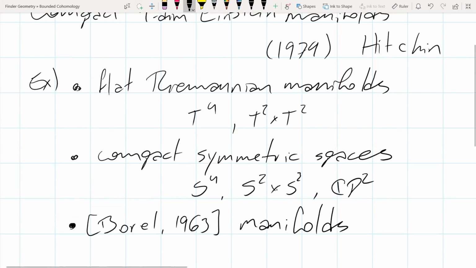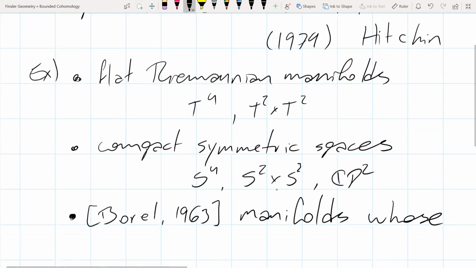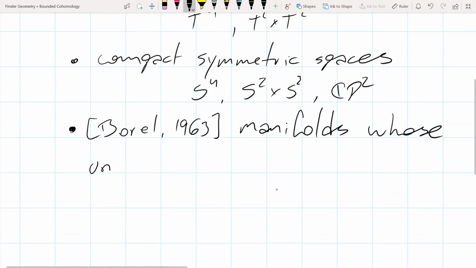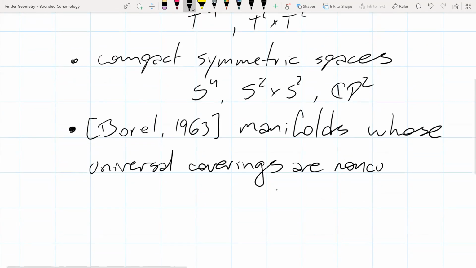You have compact manifolds whose universal coverings are non-compact symmetric spaces.